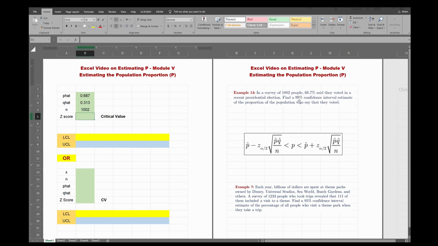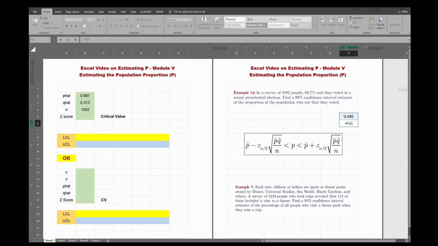And it says 99%. So for 99%, 2.576. You either memorize it or you compute it. I'm going to keep computing it. But before you compute it, remember you have to divide that by 2. So equals 0.99 divided by 2. And then you have to add what?